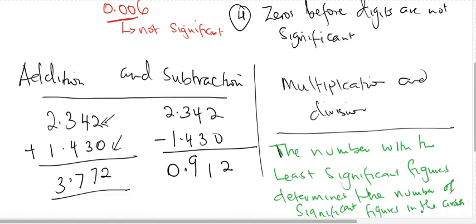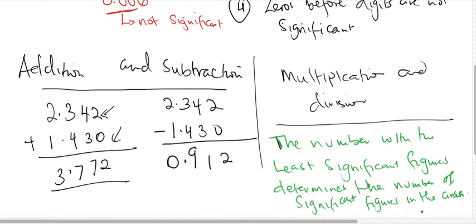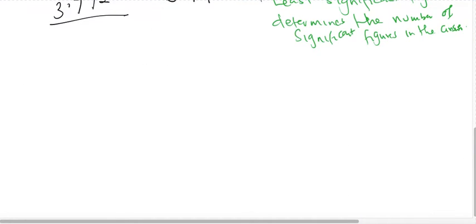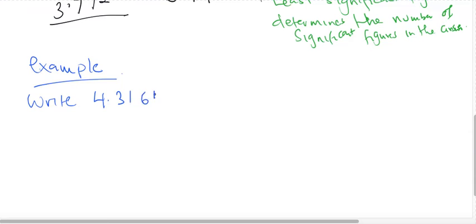Alright, so I hope they make sense and I hope you understand better. A quick example, because it would be rude to end a lesson without an example. If we have, for example, write 4.31627 to 3 significant figures.